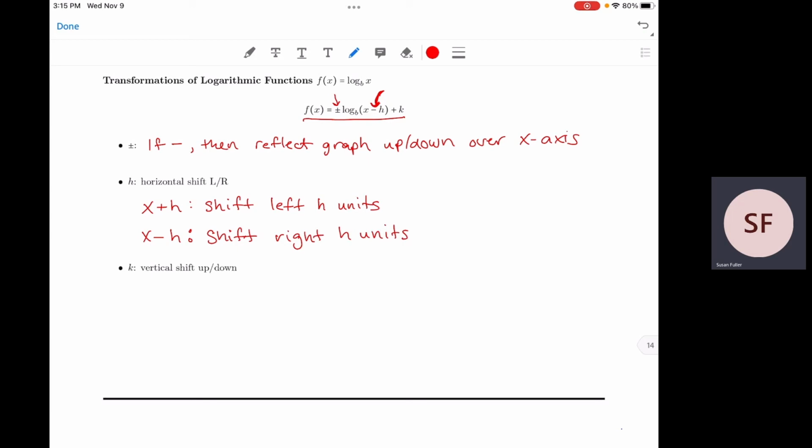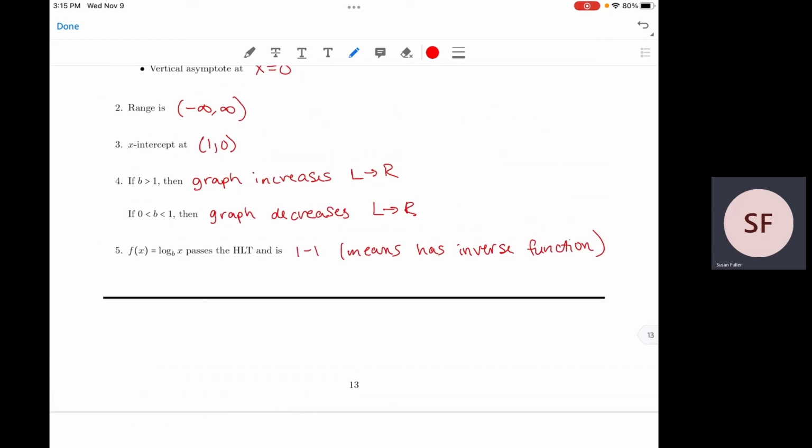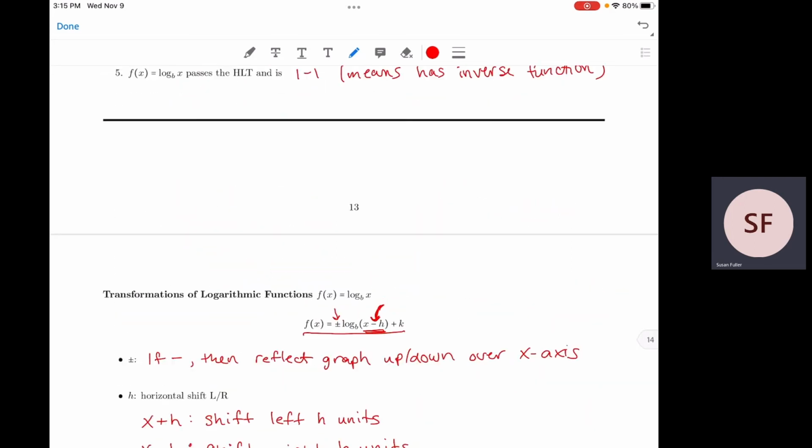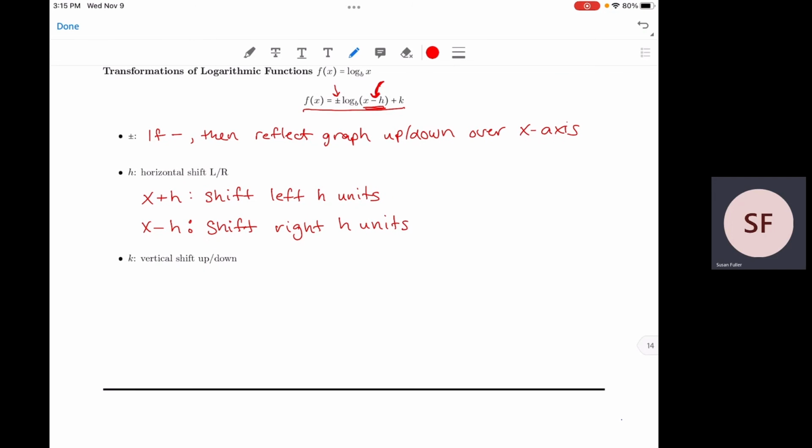Again, hopefully we have that programming left over from before. If you add or subtract inside with x, horizontal shifting, and it goes the opposite way you think it will. Now, an interesting fact with log graphs, because we have this vertical asymptote here at x equals 0, if our graph shifts left or right, that vertical asymptote is going to be shifted with our function.